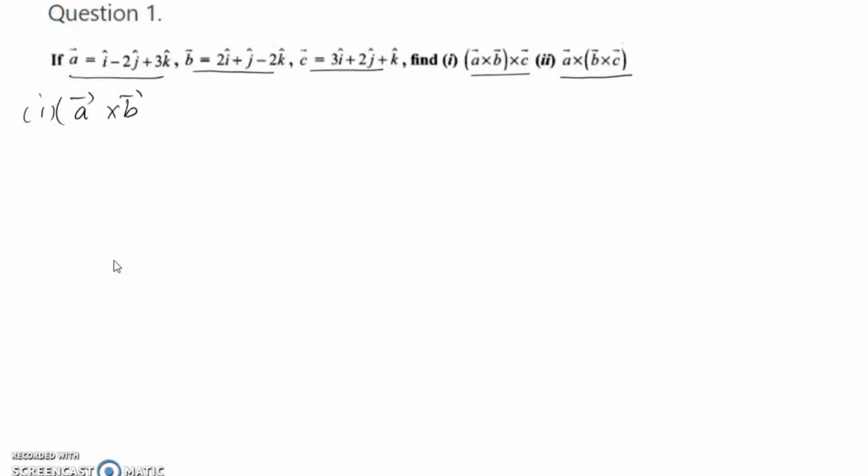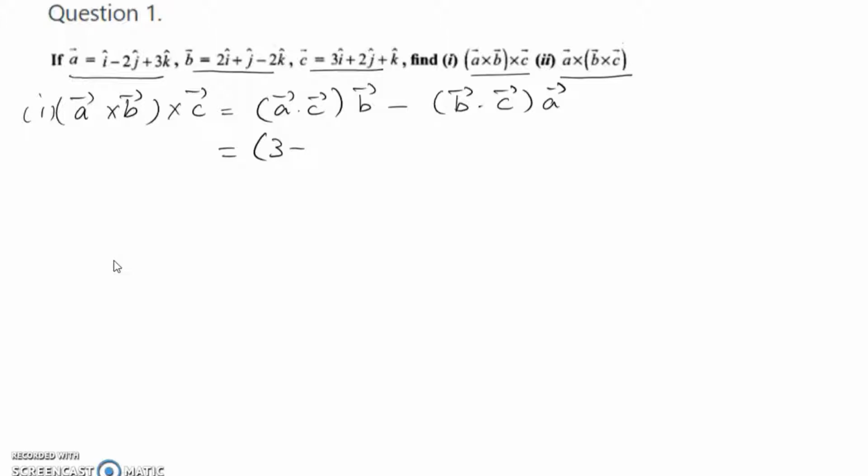Vector A cross B cross C can be written as vector A dot product with C, vector B, minus B dot C, vector A. Okay, so doing the dot product first with A and C, we get 1 times 3 is 3, minus 2 plus 2 minus 4, 3 and 1 plus 3, vector B, minus B dot C now. 2 into 3, 6, 1 into 2 plus 2 minus 2 into 1 minus 2, A vector.